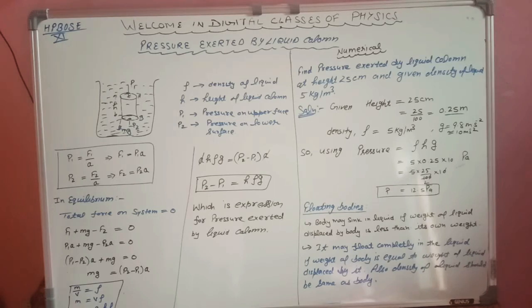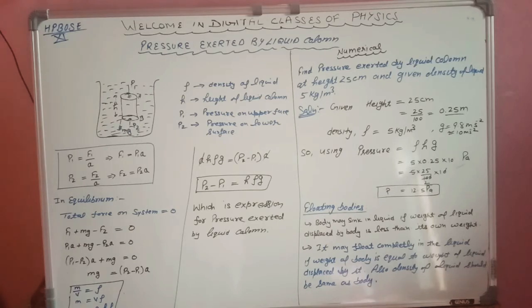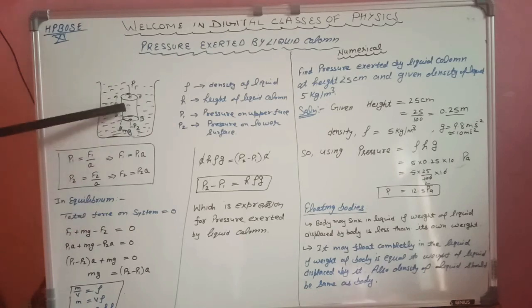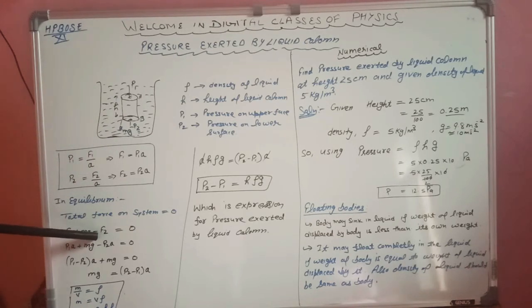This depends upon us. We can take upper one positive and lower one negative, but the opposite must be taken for the other. You can see here that F1 I have taken positive because it is on the downward side, mg I have taken positive because it is also downward, but F2 is upward, so I have taken it negative. The total sum of these three forces is equal to 0.